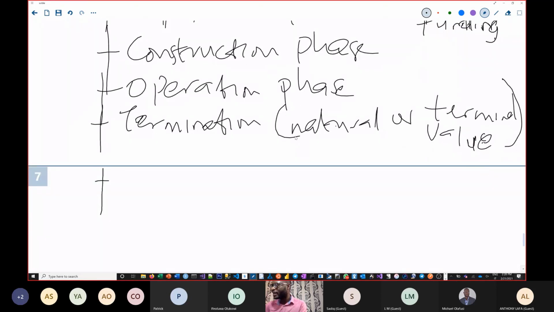Then there are always covenants around it. Let me write. So there are always special covenants around the funding.